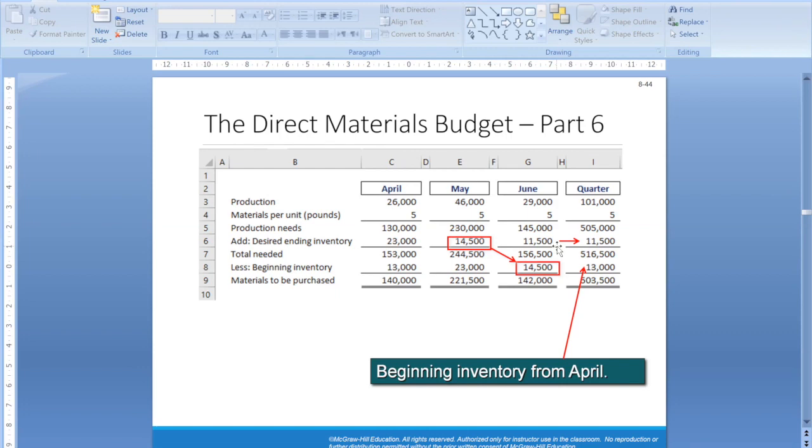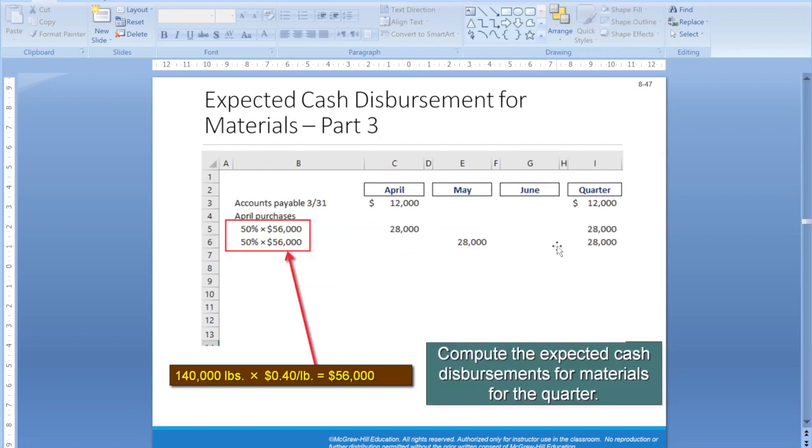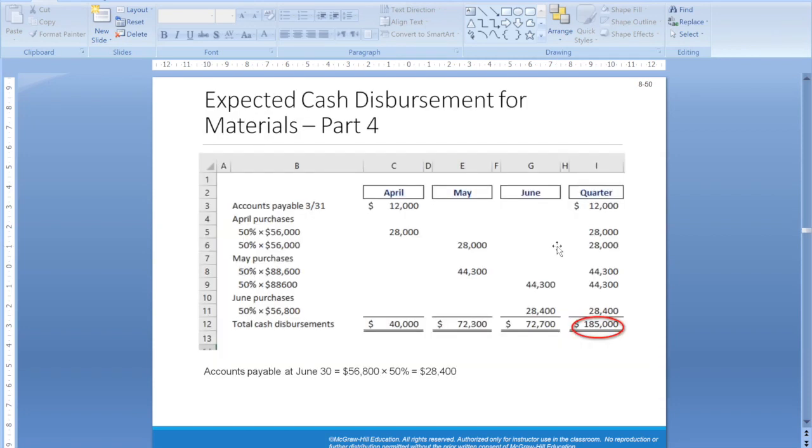This equals $88,600. Okay, so these are May purchases in dollars. Again, we will pay 50% of this amount in May, which represents 44,300, and the other 50% will be paid in June, which is 50% of 88,600. This equals 44,300.